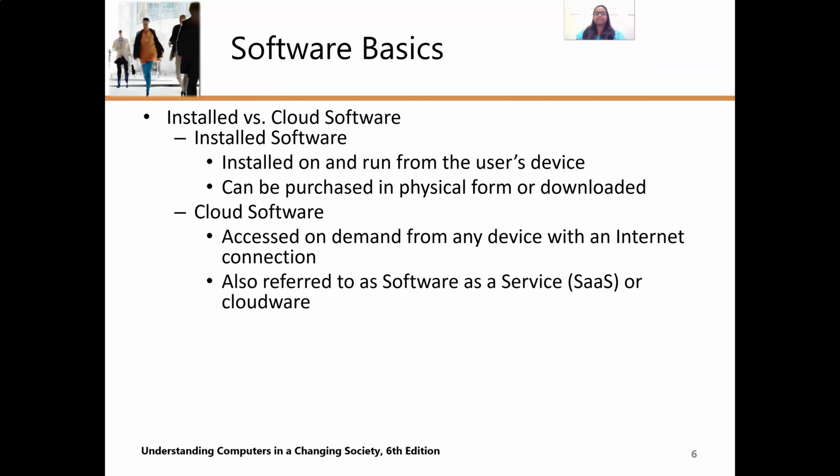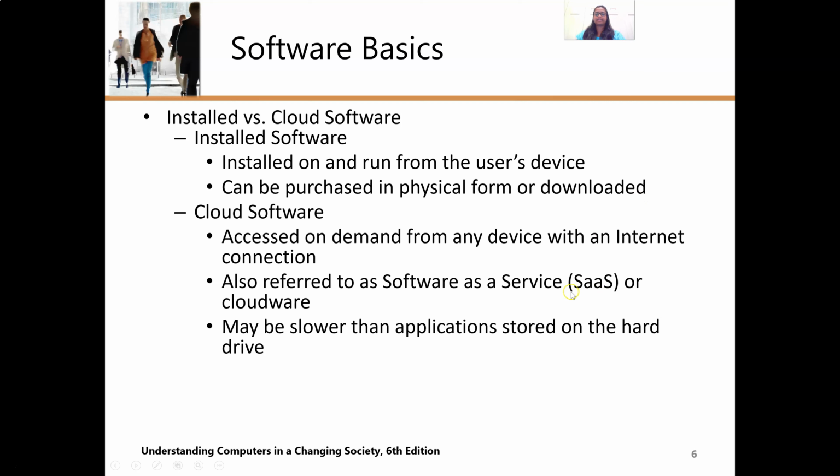Installed software can be purchased in physical form or downloaded, whereas cloud software is accessed on demand from any device with an internet connection. The cloud software is also referred to as software as a service, SaaS, or cloudware.